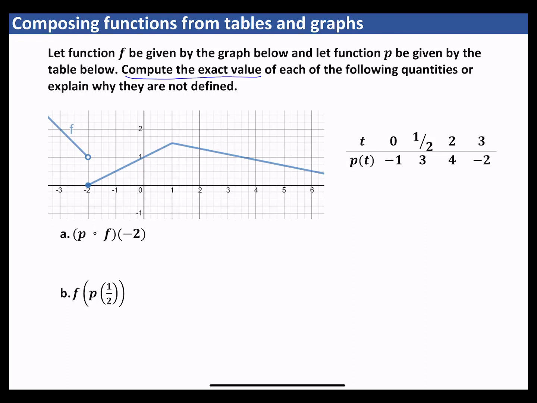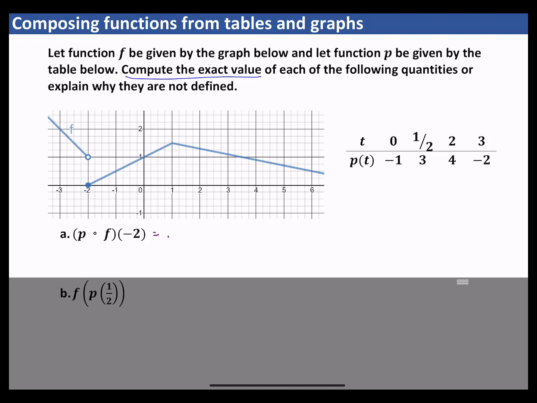So in our first example, we have p circle f of -2. We can rewrite this as p of f of -2. So to start, -2 is the input for function f. So we're going to look at -2 on the graph, and we see that the output is this closed point at 0.